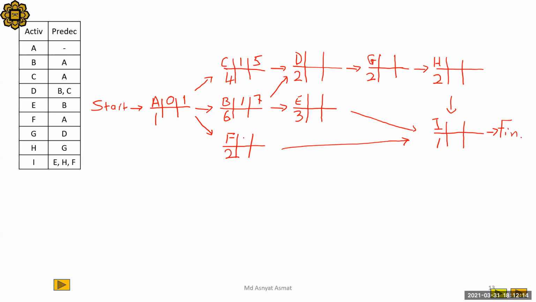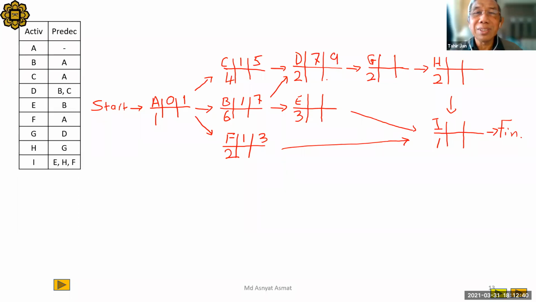F: 1, 3. D: any peculiarity? We take two predecessors, 7 and 5, so D starts at 7, finishing at 9.